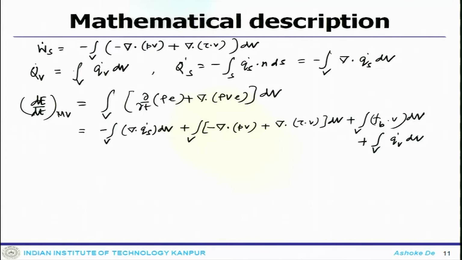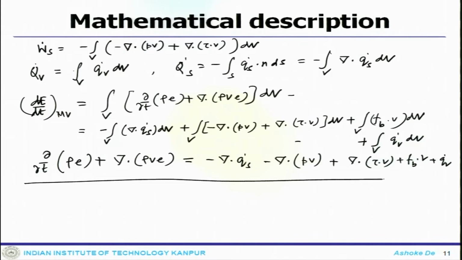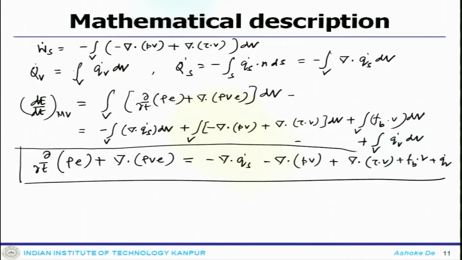So, if you take everything into account from the left hand side and the right hand side, finally I can write down the equation in this particular form: del/del t of rho E plus del dot rho V E equals del dot Q_s minus del dot PV plus del dot tau dot V plus rho f_B dot V plus Q dot V. Okay, so essentially this is how you get your total energy equation.